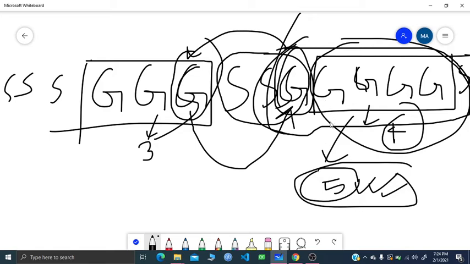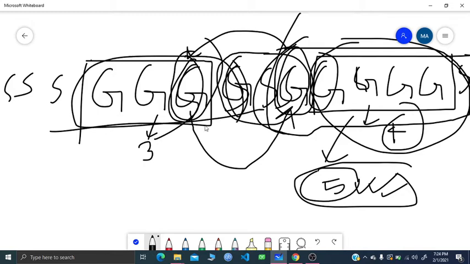What if we did this operation reversely, which means we swapped this S with this G? What would happen then? Then we would not have got the optimal result, that would give us 4.